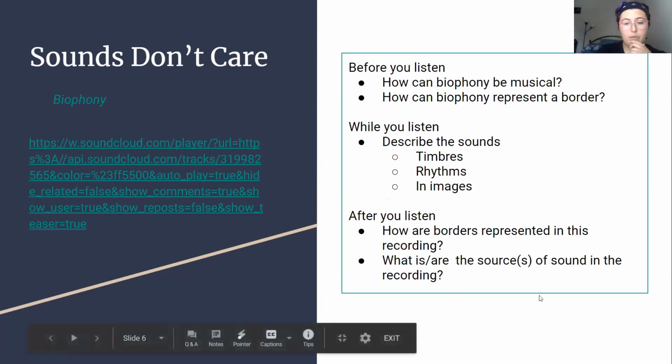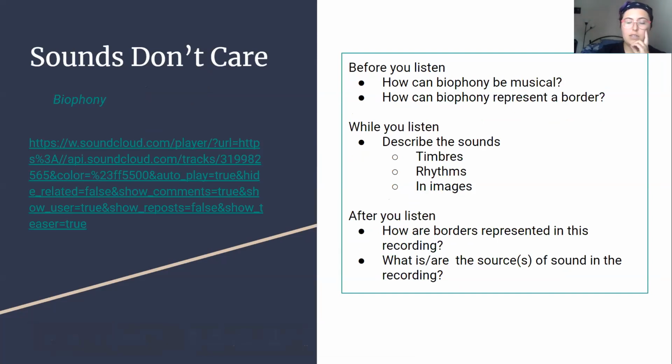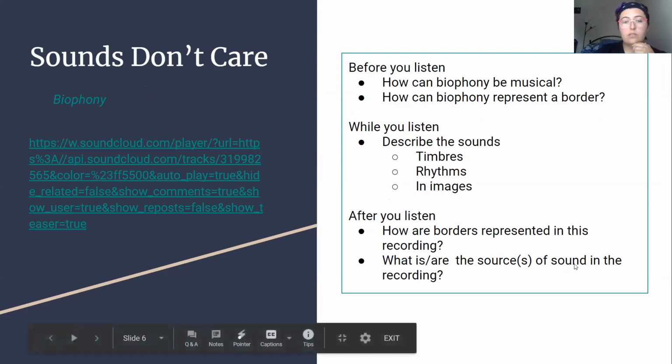So the last recording we're going to listen to is about biophony. If you recall, biophony usually incorporates sounds of animals and living things. And so what I want you to do, and we're going to practice all the skills we learned today about listening for timbres, rhythms, or describing in images.